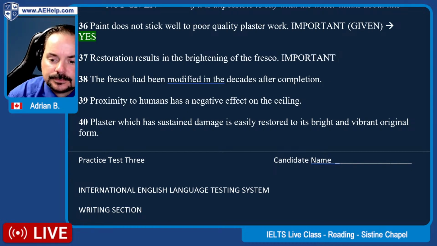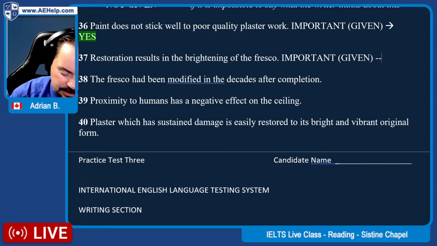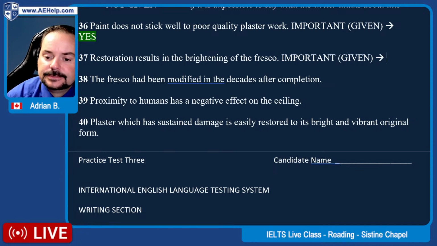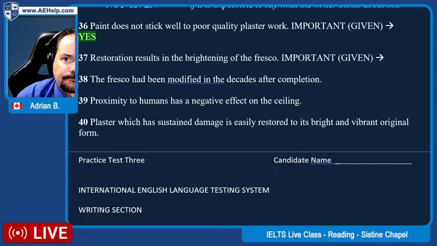It's about the fresco. Yeah, I would say so. So it's probably given. Is it true that restoration makes the fresco look brighter? I don't think so. Maybe it's no. The restoration result is not in the brightening of the fresco. Are you sure?